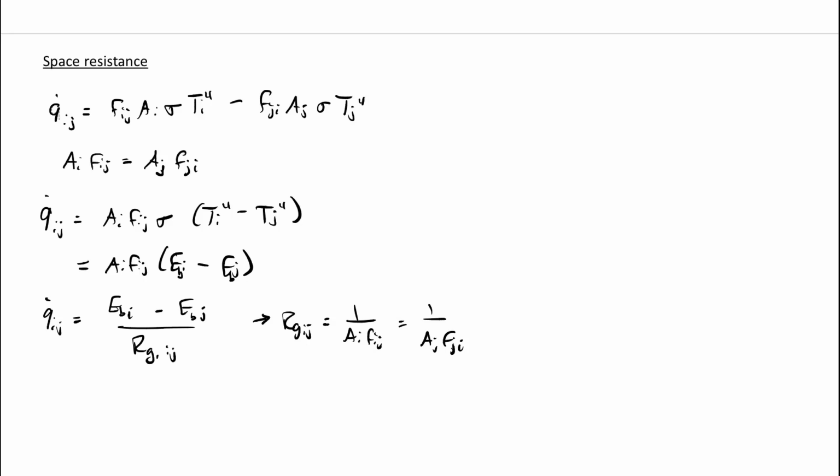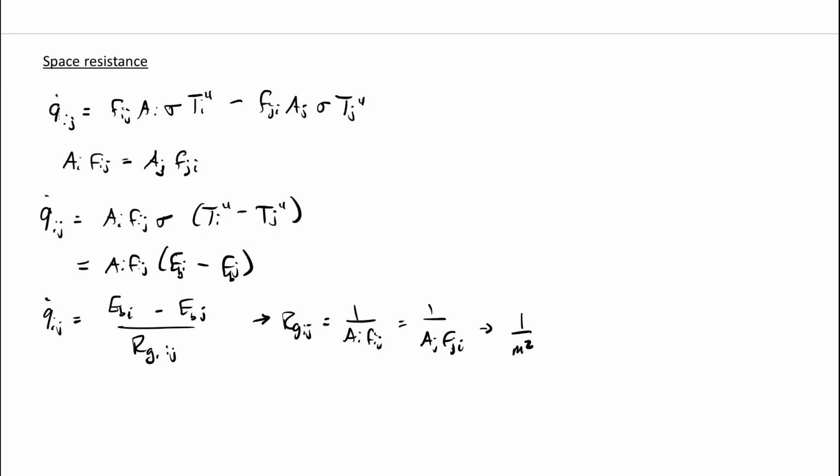So we can use this. Again, the units on this are 1 over meter squared, so it's different units from other resistances. You don't want to put these in the same network as other resistances without doing some things to it first. But we can use this in the same way that we use other resistances to write rate equations based on the rate of heat transfer between these two surfaces and write out networks and things like that.